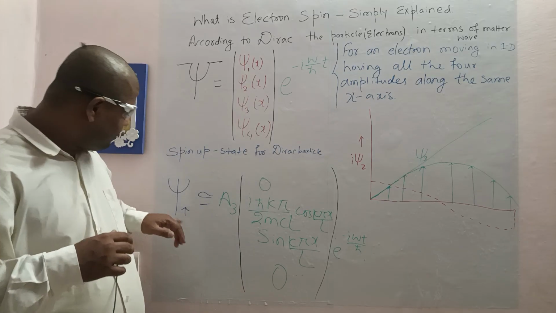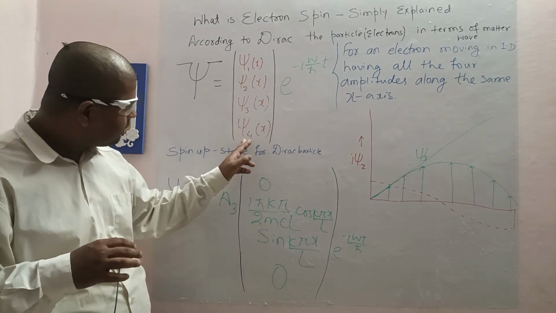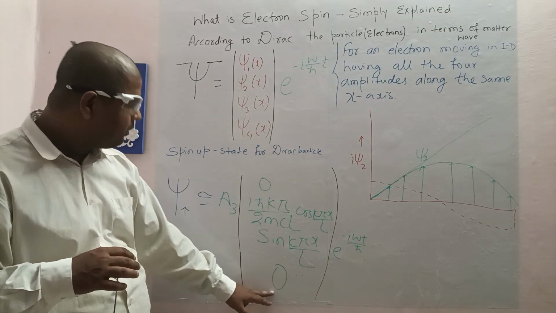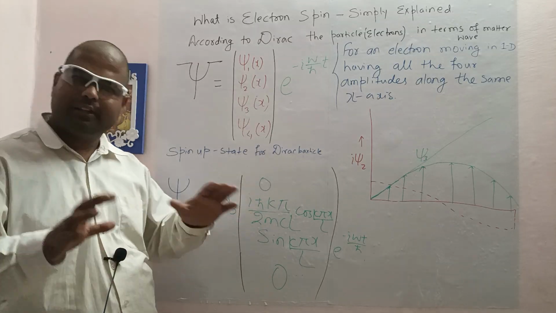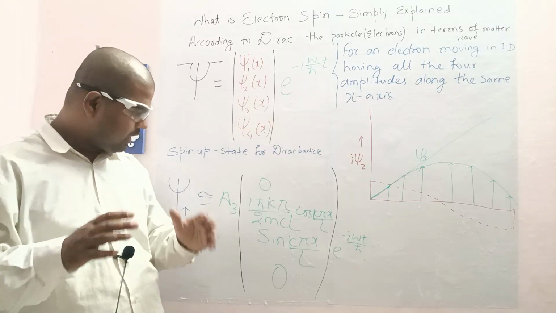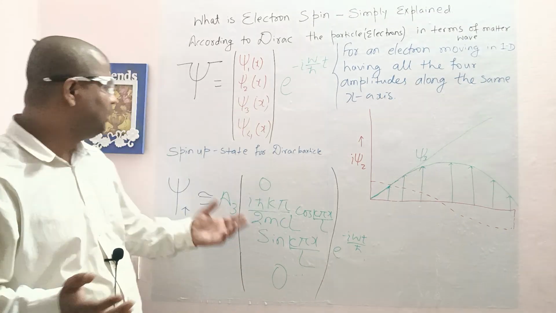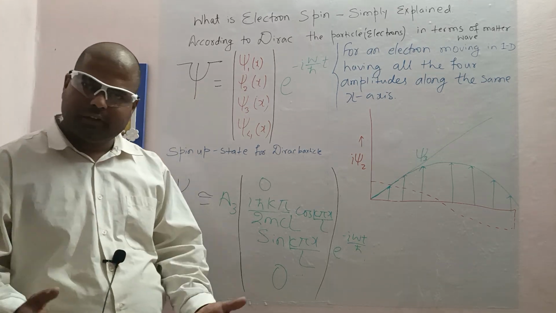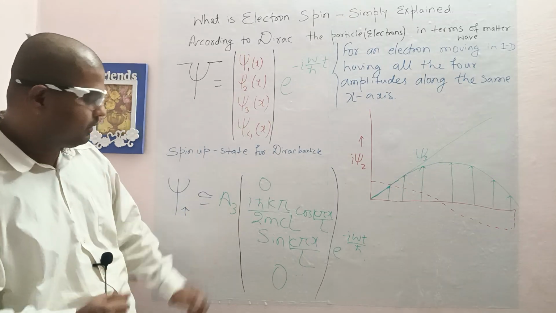Now, this is a spin-up state. When we keep the fourth component of amplitude as 0, the first as 0, the second with a smaller vibration amplitude, and the third with a larger vibrational amplitude of the Dirac matter wave, then the matter wave representing a particle is in a spin-up state.